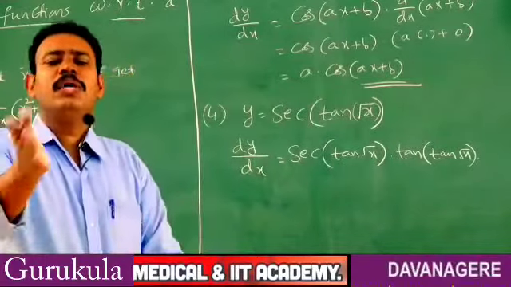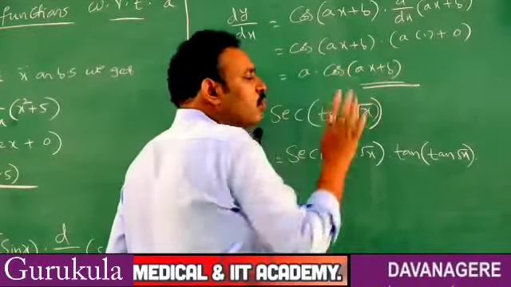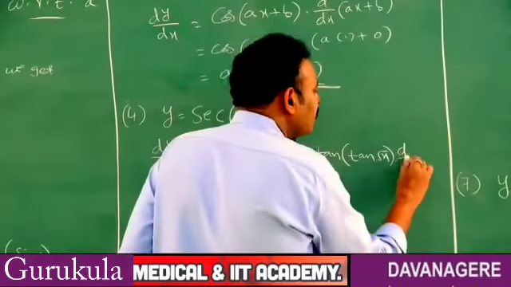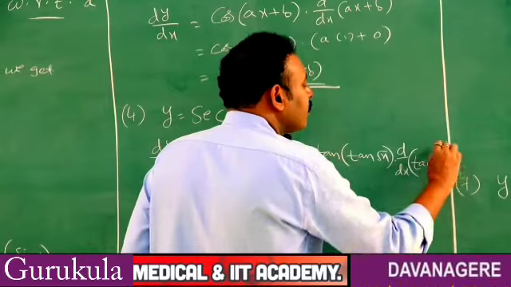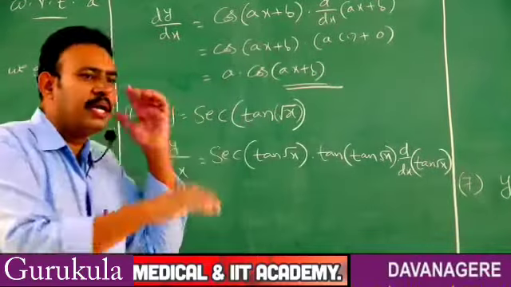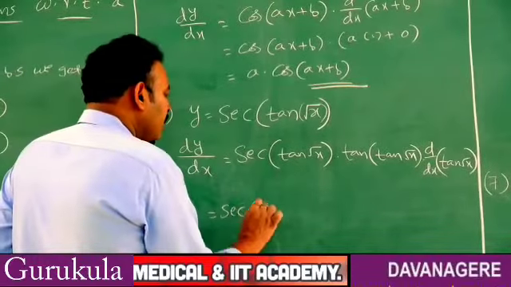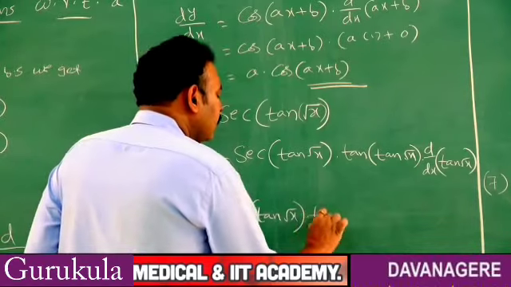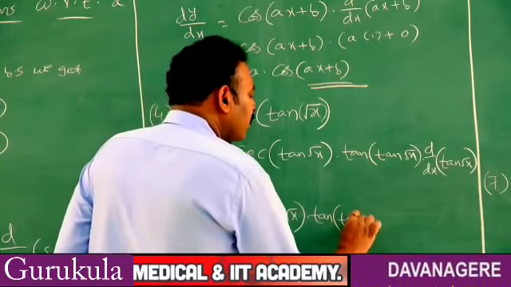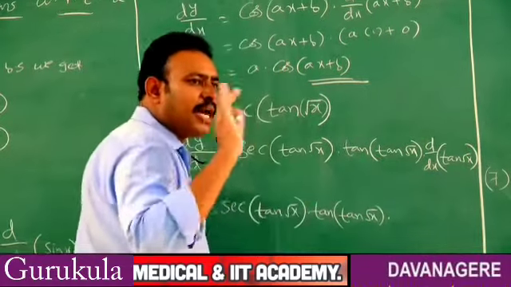What is there in place of x, students? Tan of root x is there. We can differentiate d by dx of tan of root x. Now it becomes secant of (tan root x), tan of (tan root x) into the derivative of tan of root x.